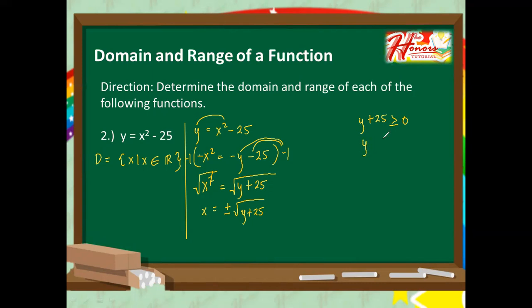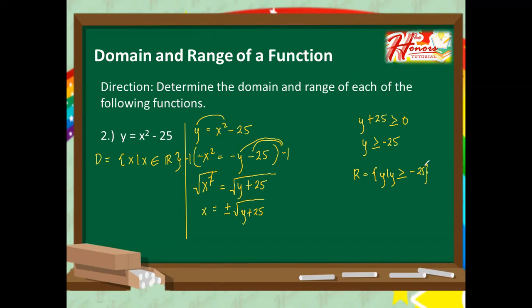So that's y is greater than or equal to negative 25. And that's it. This is our restriction. So how are we going to use it? For our range, it will become range is equal to the set of y such that y is greater than or equal to negative 25.